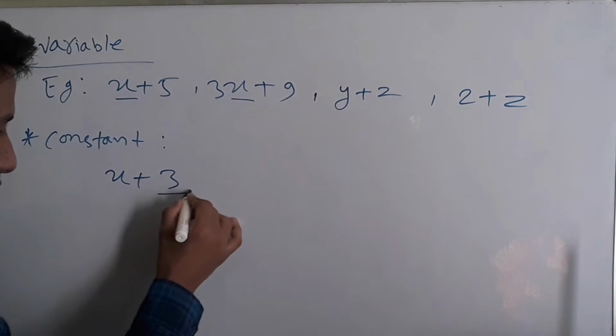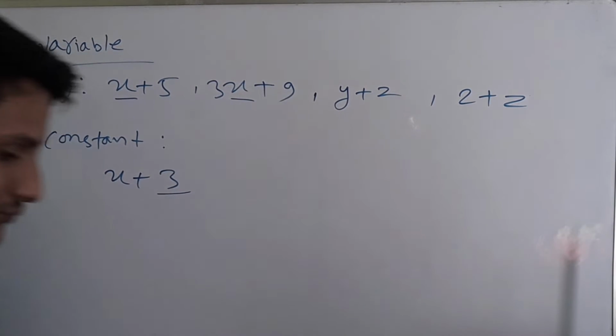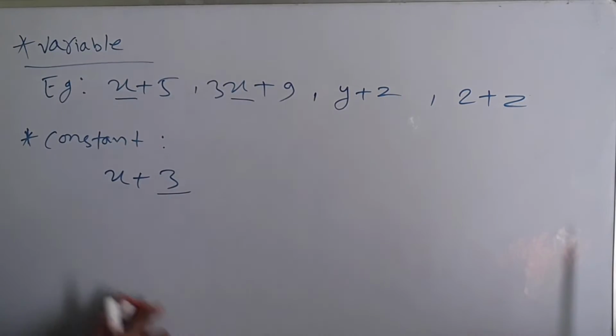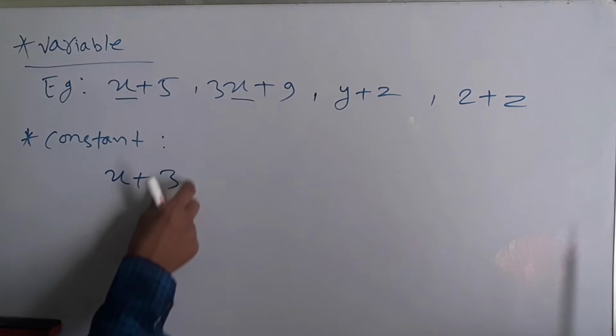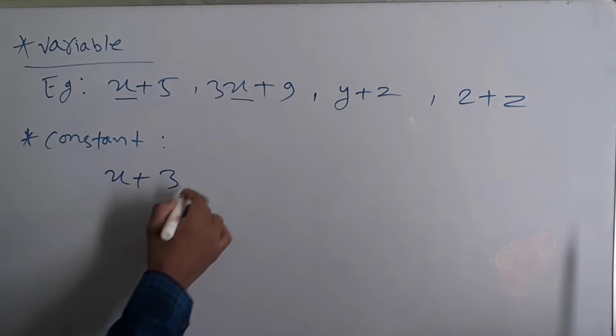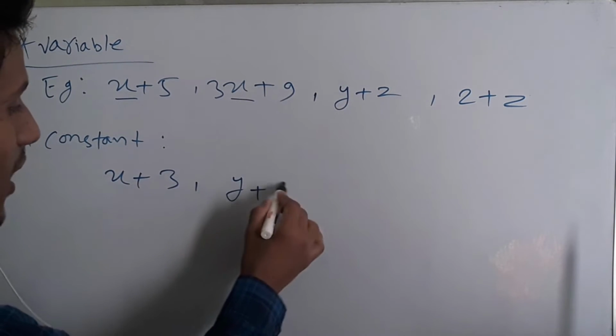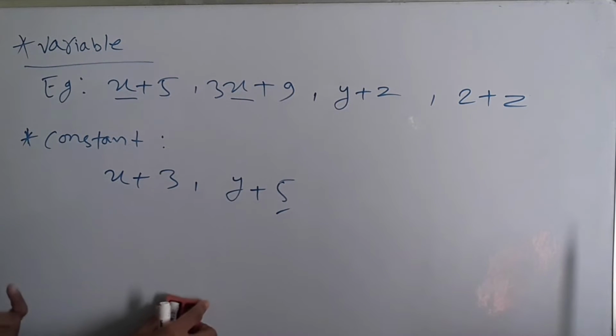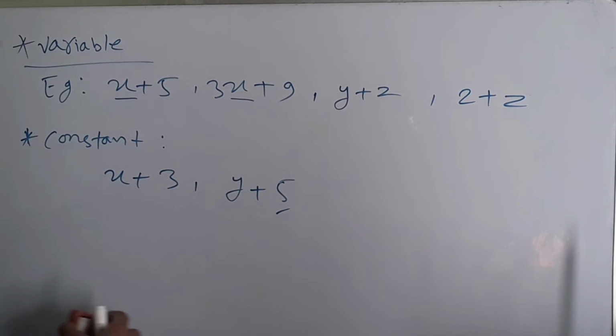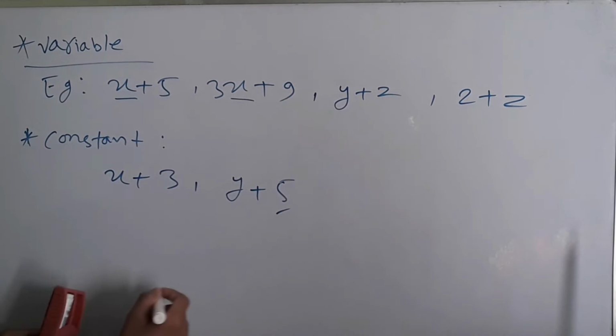You can't put anything you want in the place of 3, but for x you can. So 3 here is a constant. Another example would be y plus 5, and here 5 is the constant. Constants are basically numbers, and it can be all kinds of numbers.